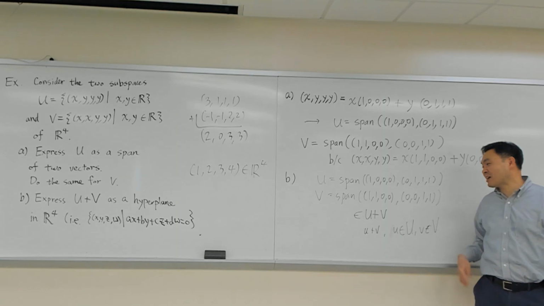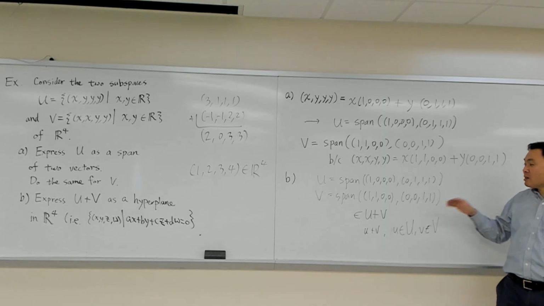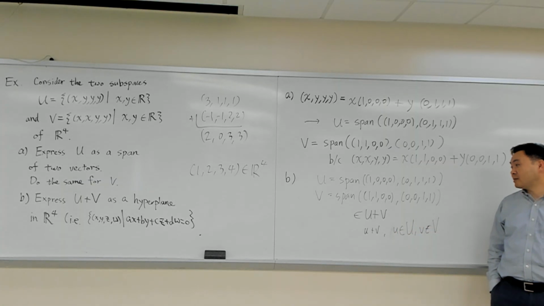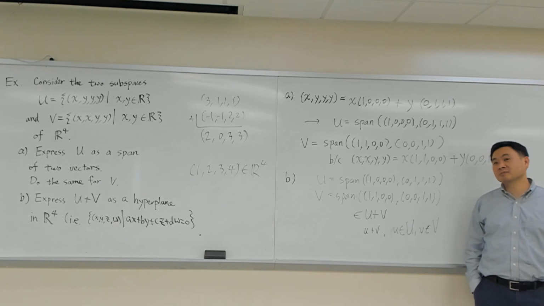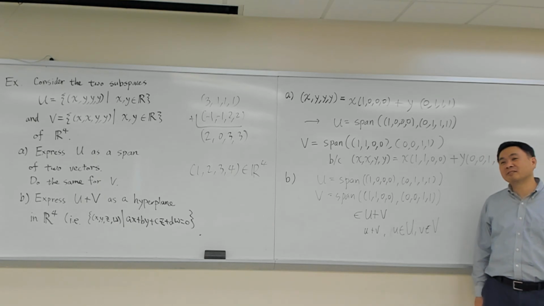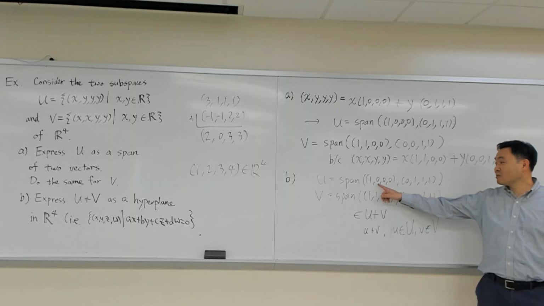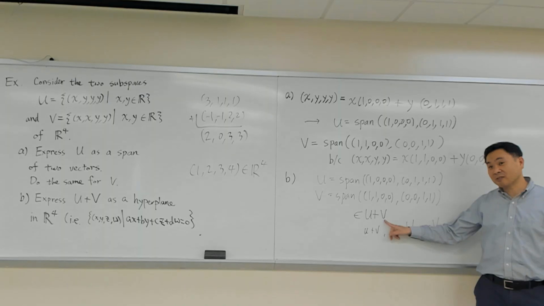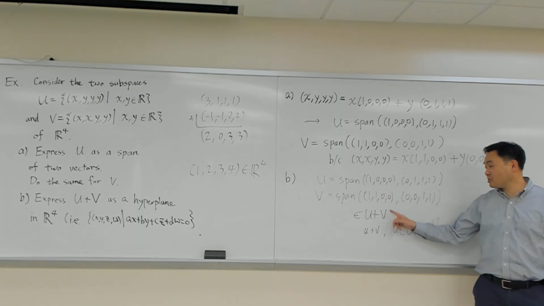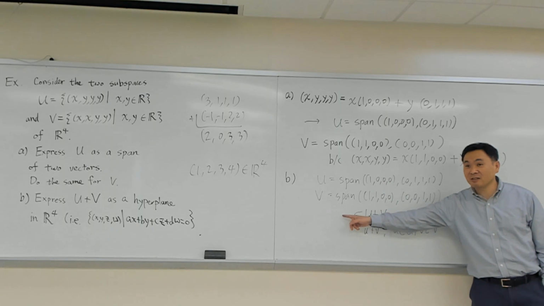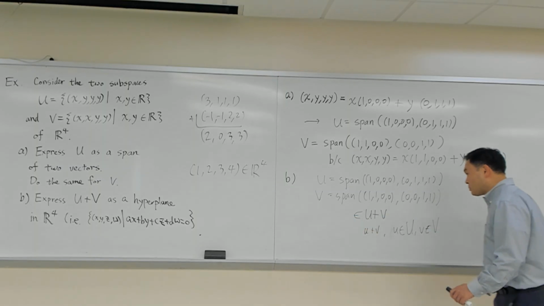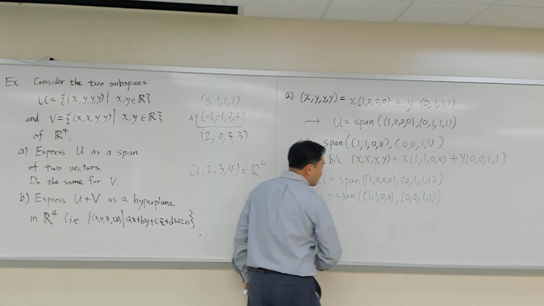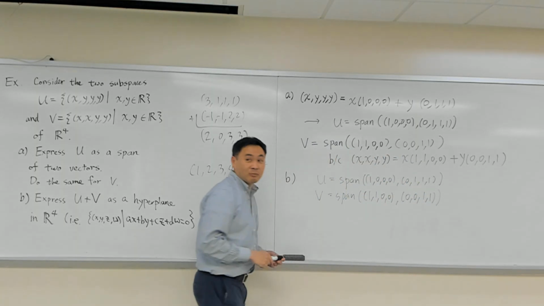Zeros. Okay, I guess that's the better way to say it. Can you give me a vector that's in here that has 3 zeros? (1, 0, 0, 0). Yes. How do you get that? Because this is in U, right? But then 0 is in V, right? So if you do this plus 0, you get this in here, right? Okay. So my point is this. U plus V is going to have every vector that spans them, right?